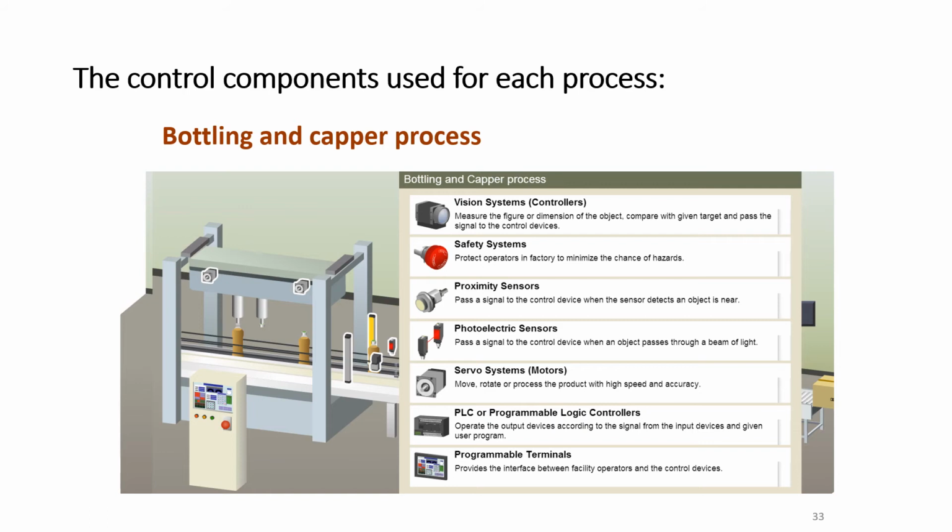Proximity sensors pass a signal to the control device when the sensor detects an object nearby. So far, vision systems, safety systems, and proximity sensors are all inputs to the system. Photoelectric sensors pass a signal to the control device when an object passes through a beam of light. And servo systems or motors move, rotate, or process the product with high speed and accuracy. So motors are outputs.